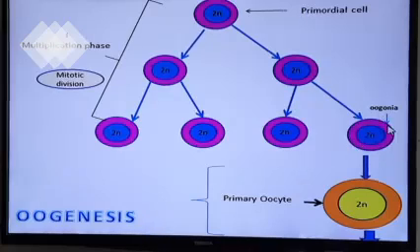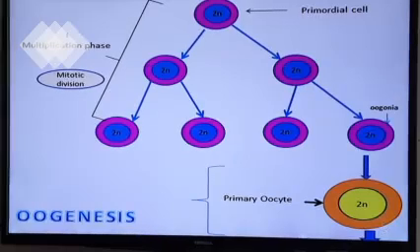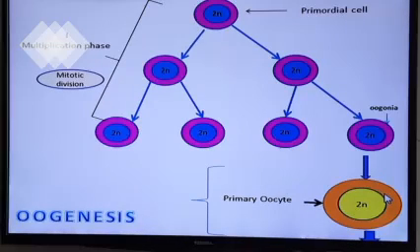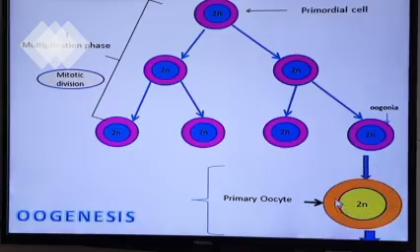Now this oogonium undergoes the next phase, and this oogonium feeds and grows. This growing process increases its size. It takes place just before puberty.